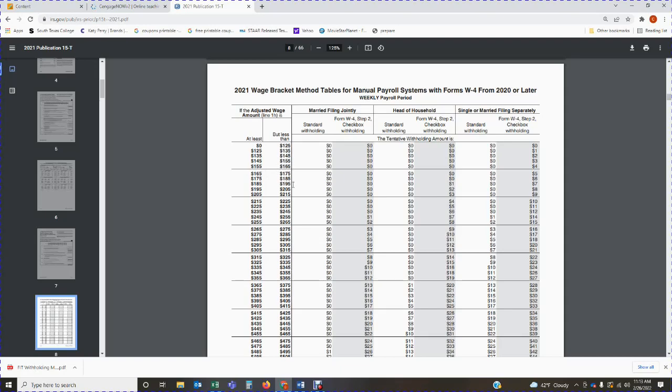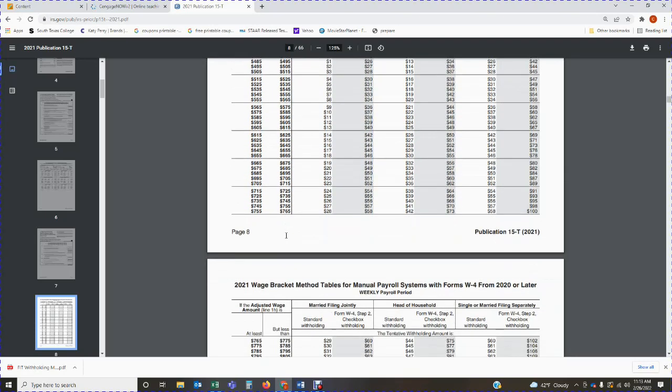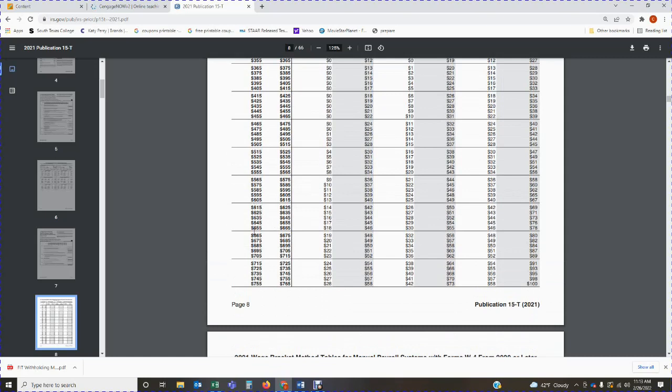So let's look at 675 for our first employee, right here. We've got 675 and he was single. Based on that information, we're using the second tier, between 675 and 685.